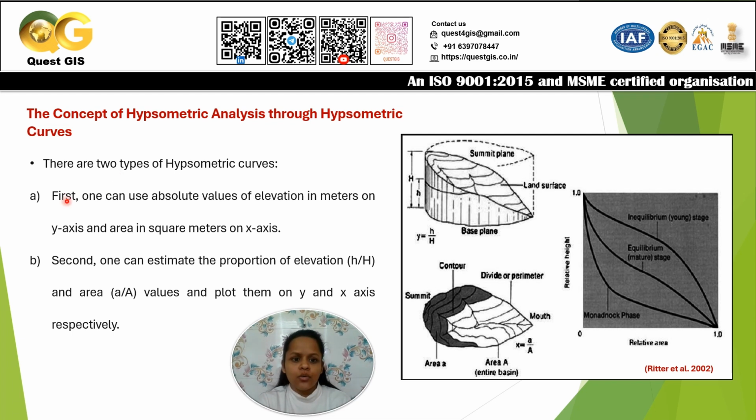The first uses the absolute value of elevation on the y-axis and the absolute values of area in square kilometers. How we calculate these areas, we will discuss further. Second, you can take the proportion of the elevation and the proportion of the area and plot them respectively. Either of them is correct.